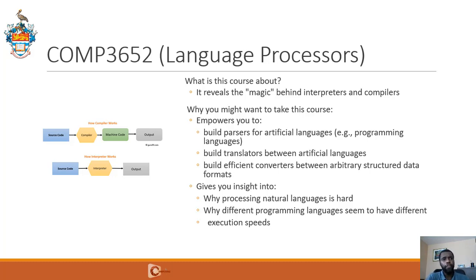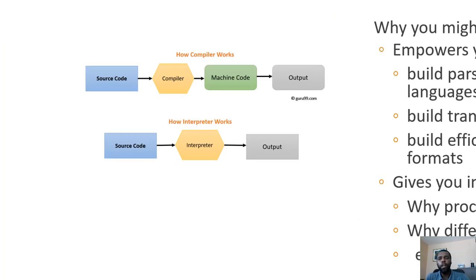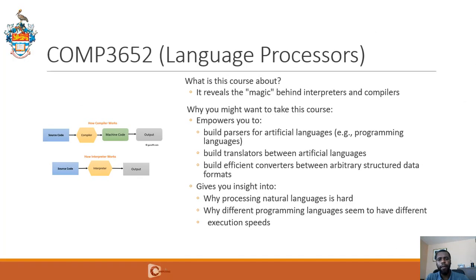And this course will give you insight into why programming or processing of natural languages is hard, and it will also allow you to understand why different programming languages seem to have different speeds.